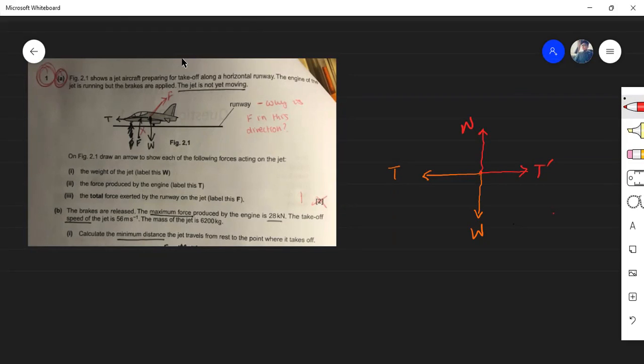Yeah, is it like clear? Yeah. So if the jet was moving, would that not be there?